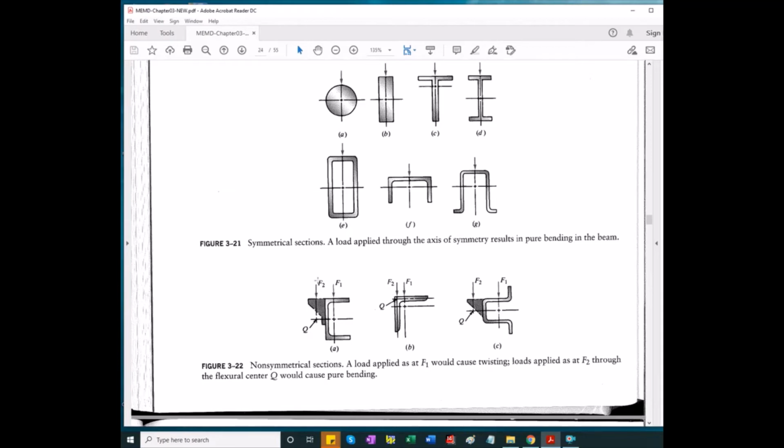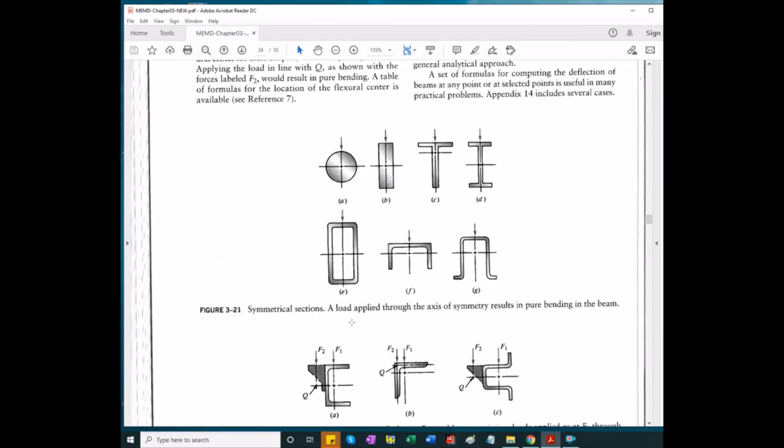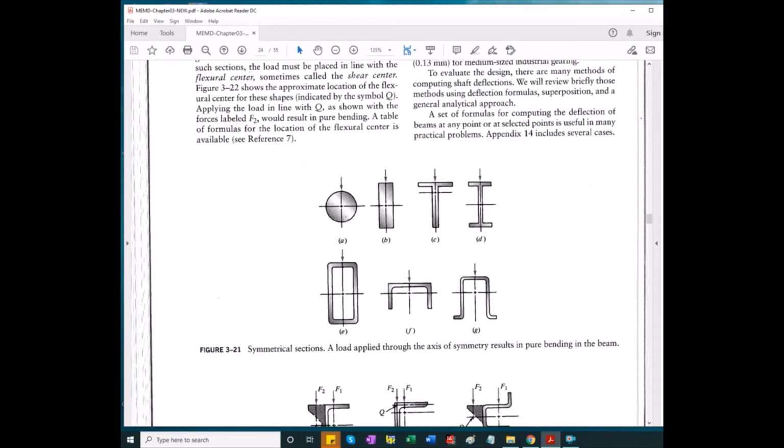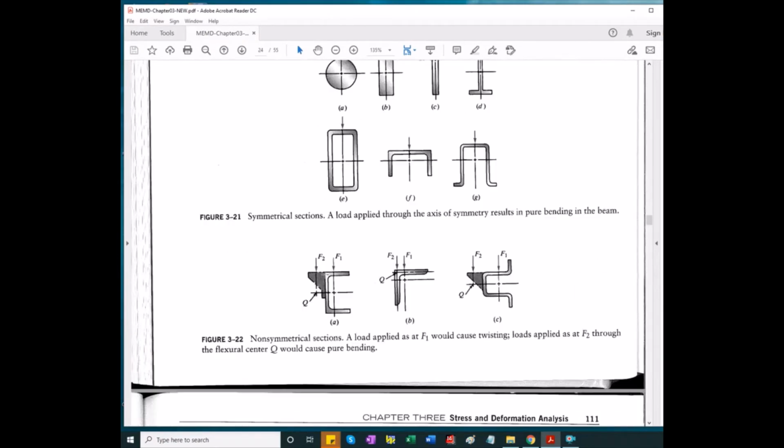So when we load the beam, in order to avoid any twisting which causes additional stresses, if the cross-section is symmetric, we want the force to go through the centroid. Okay, so all these have symmetry, and the median vertical plane should be the load plane in order not to induce any twisting, any torsional stress.